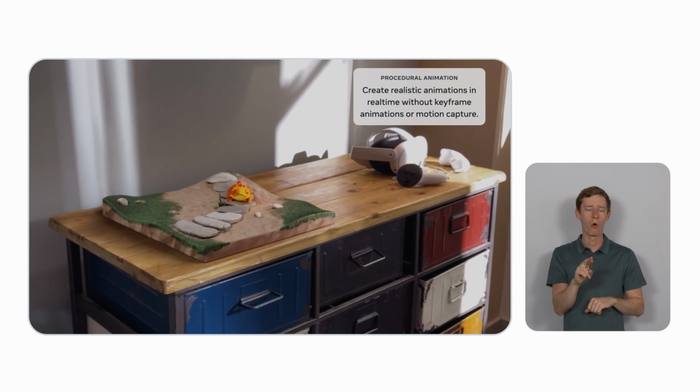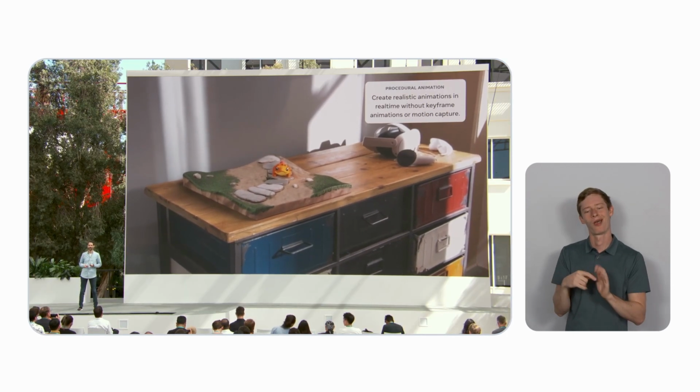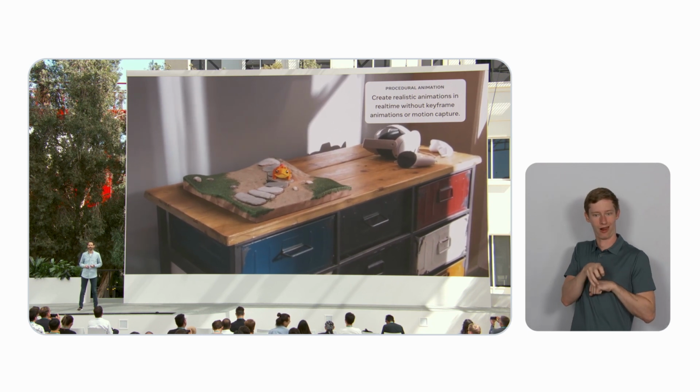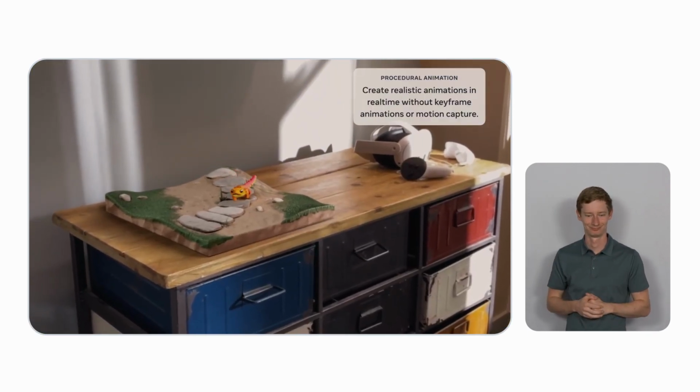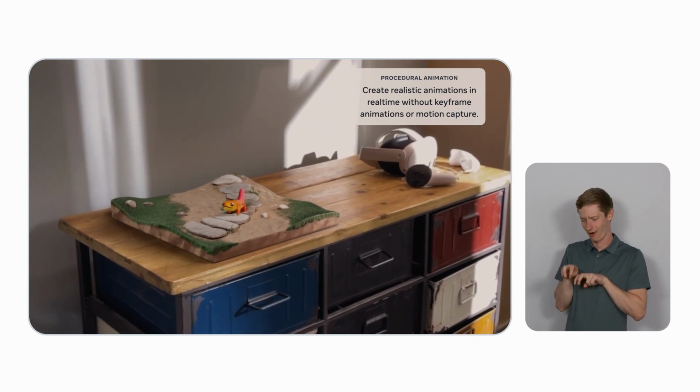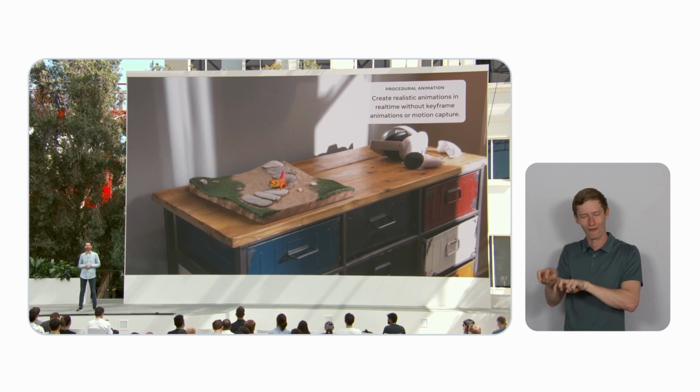So let's see, for example, how Lizzie can walk from A to B in a virtual environment following user input. You can see Lizzie walks towards the next point, walking on different terrains, moving her legs and body in a realistic way without being driven by keyframe animation.